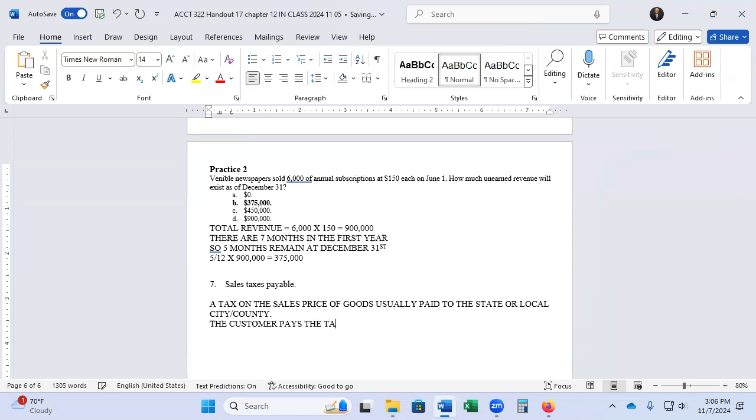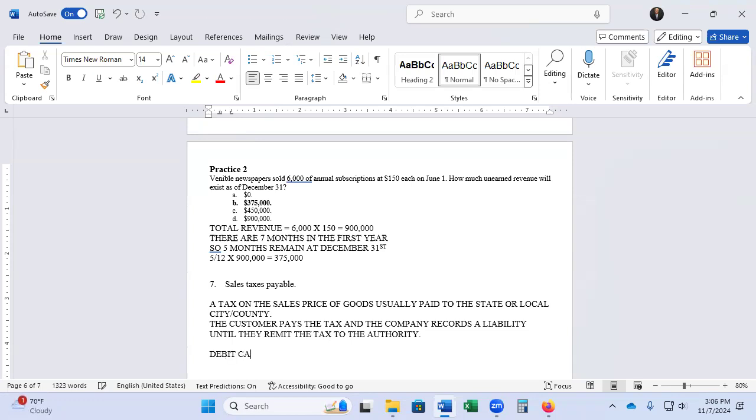The customer pays the tax and the company records a liability until they pay the tax. Actually, it's called they remit the tax to the authority. And so you would debit cash or asset, credit sales or revenue, and credit sales tax payable.